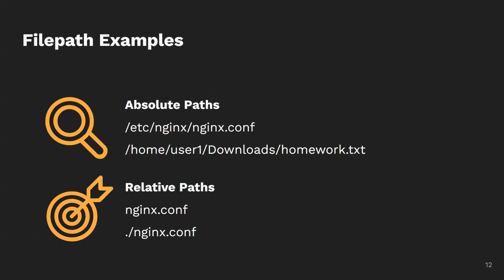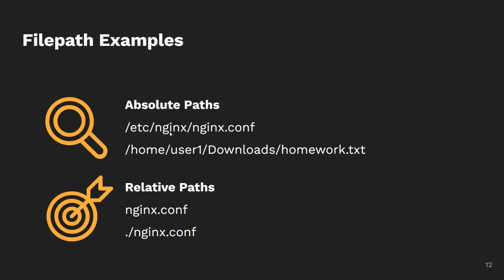It doesn't matter where you are in the system, you're always going to be specifying to the Linux kernel that whatever you're talking about, you're going to be giving it the absolute address, or the absolute file path of that file, right? It always is going to know where to start because it knows it's starting at the root directory, and then it goes to each subdirectory until it reaches the file. However, for relative paths, it's using the user's current location to define where it's going.